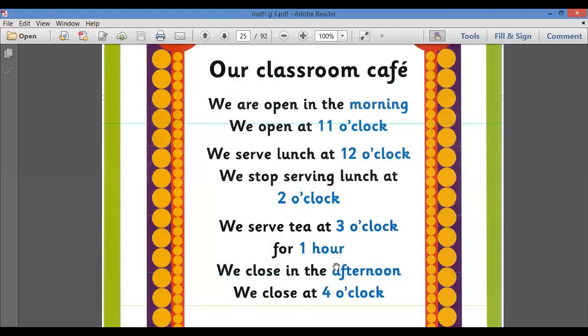So you can come to the classroom cafe from 11 to 3. After 3 till before 4 o'clock, we are serving you. First we are giving you lunch, then tea. At 4 o'clock, we finish giving anything, and then we close the classroom cafe.